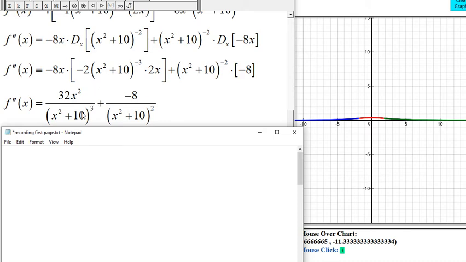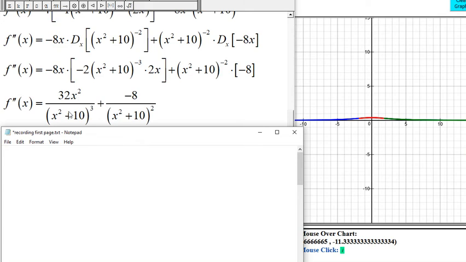We'll move it to the denominator, and it becomes 32x squared divided by x squared plus 10 to the third. And same thing over here. Let's turn this into a positive exponent by moving it to the bottom. So we get negative 8 divided by x squared plus 10 to the second.